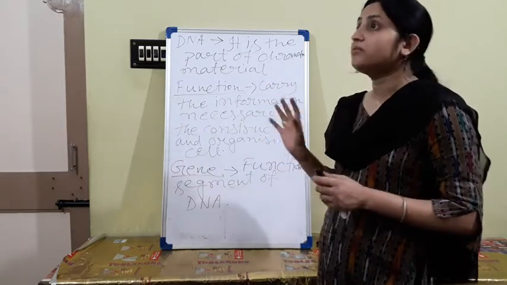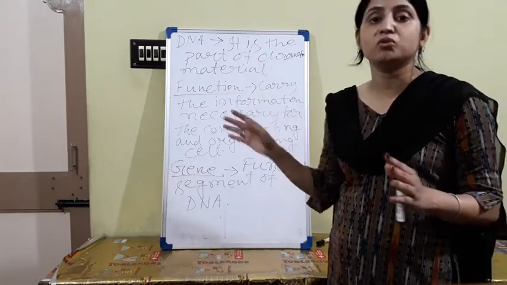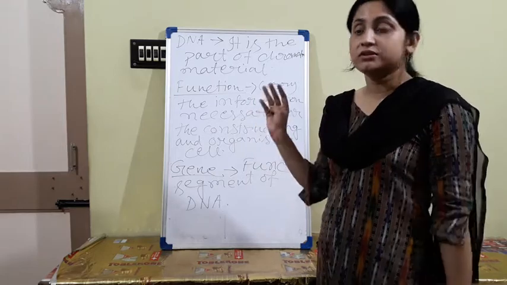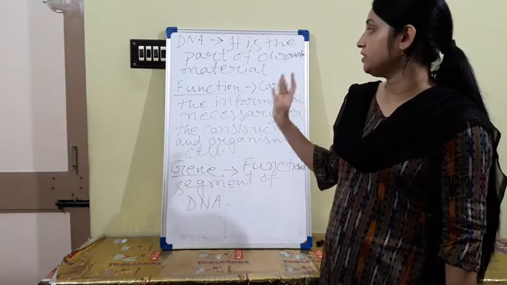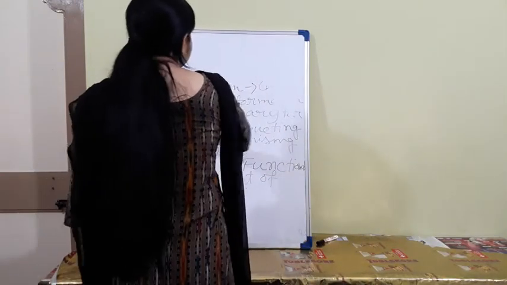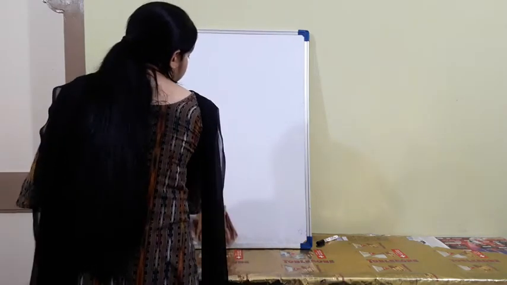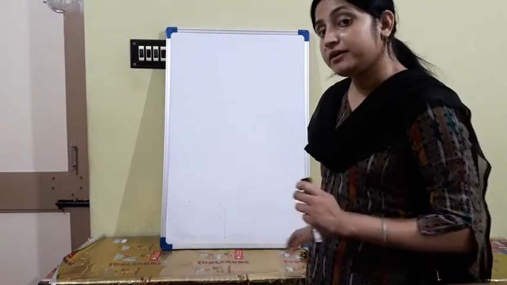Okay, now the functions of the nucleus, DNA, gene and chromosome. What is the function of the nucleolus? That is the main function. You have learned in previous classes that it transfers the necessary information from parents to the next generation.